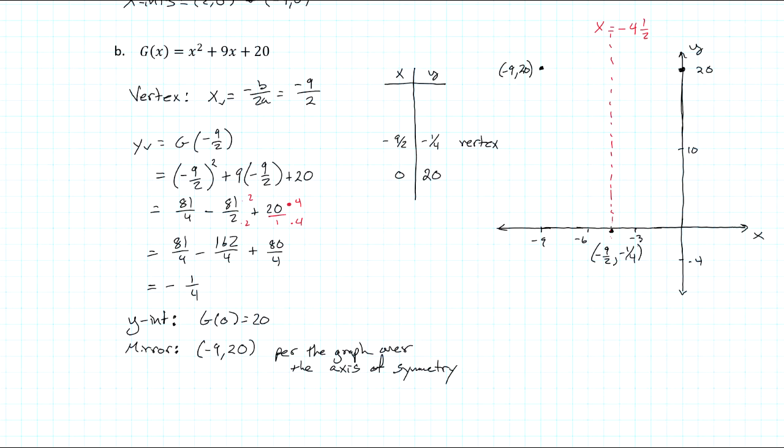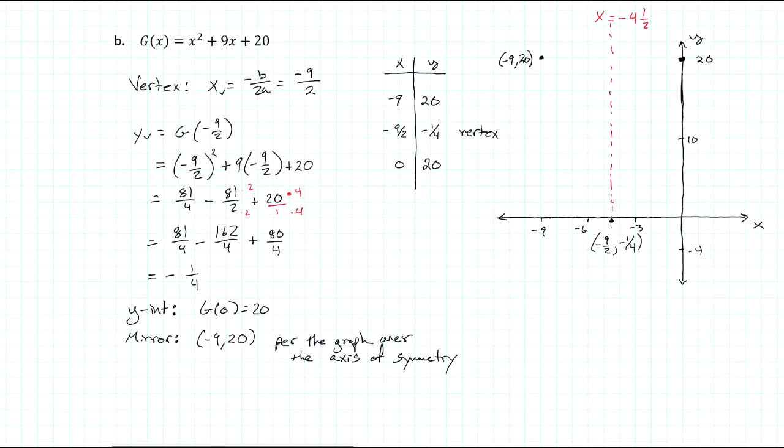All right. So I'll label that negative 9, 20 on my table. And let's see. All right, the x-intercepts are going to probably not be the greatest numbers, but I'm not exactly sure. Let's take a look.